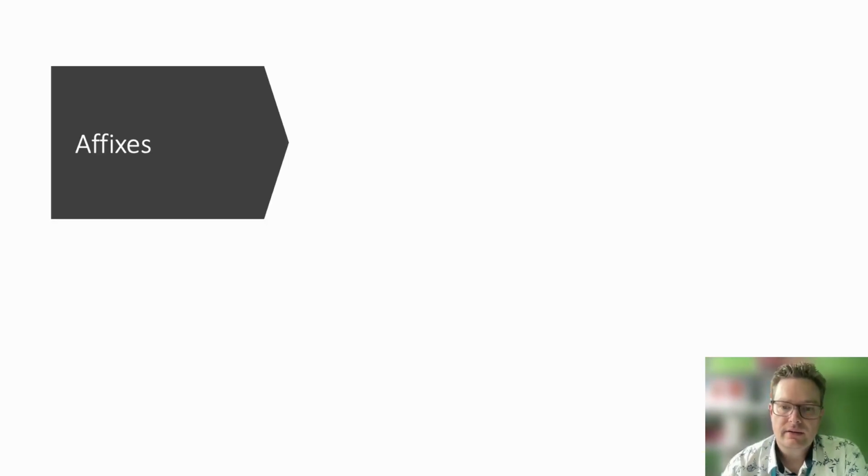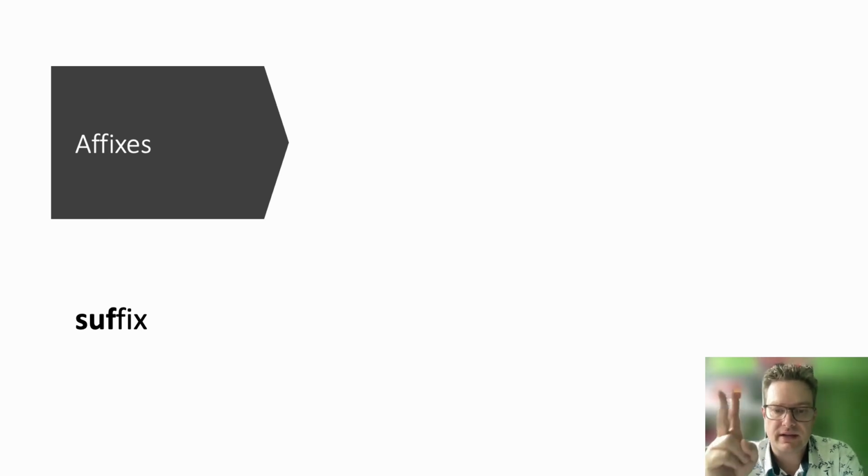The next kind is a suffix, which goes after it. For example, the S plural is a suffix. Like I've got one dog, and now I've got two dogs, and I added the S on it to make it plural. That's a very, very useful suffix, the plural S. Or ish. So you've got the word baby, and then I say, he's acting a bit baby-ish.